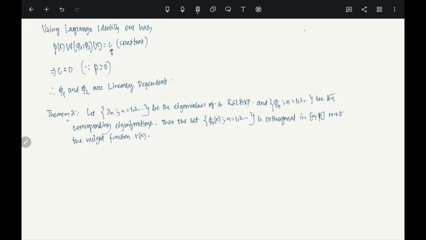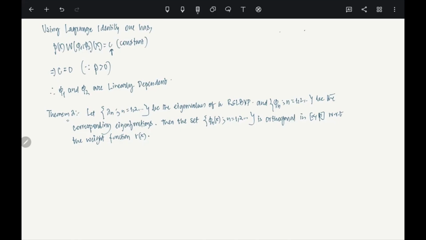Now, before we prove this theorem, let me tell you why this is very important. If you have a regular Sturm-Liouville boundary value problem, and you can find the set of eigenvalues and eigenfunctions for it, then that eigenfunction set will act as a set of orthogonal functions.